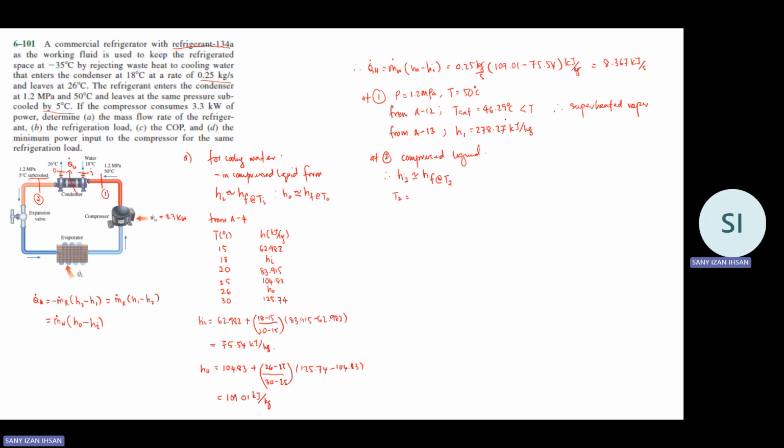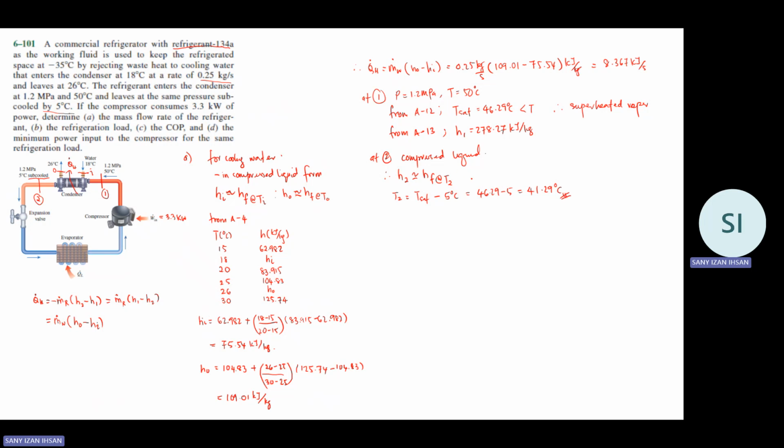T2 is nothing but T saturated minus the subcool temperature of 5 degrees Celsius. So you have 46.29 minus 5, and you end up with 41.29 degrees Celsius. That will be your temperature at 2.